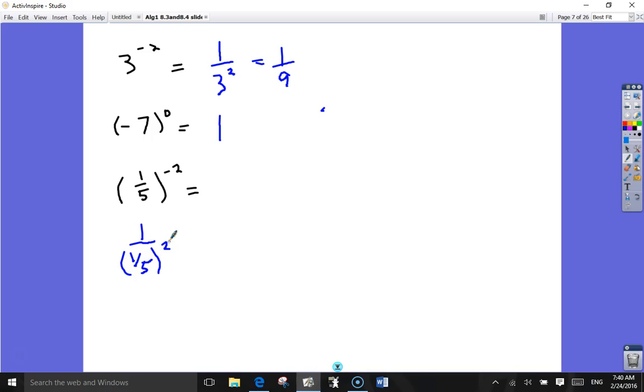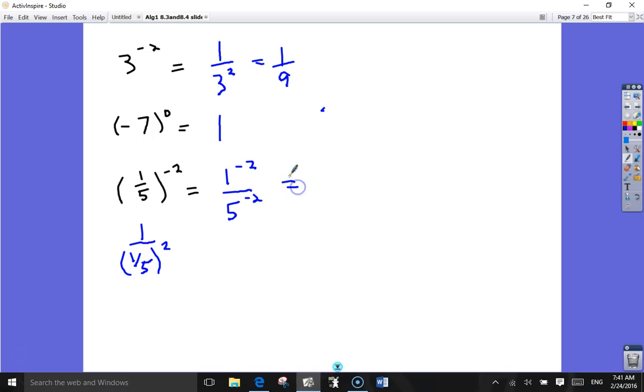Yes, it would be. But you could also do it like this. Use the property from last class: when you've got an exponent outside parentheses, you can move it in on everything that's inside. So that could be 1 to the negative 2 over 5 to the negative 2.